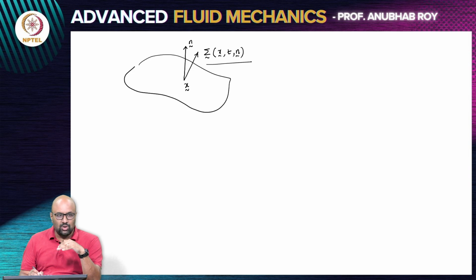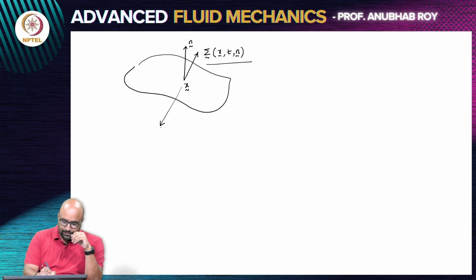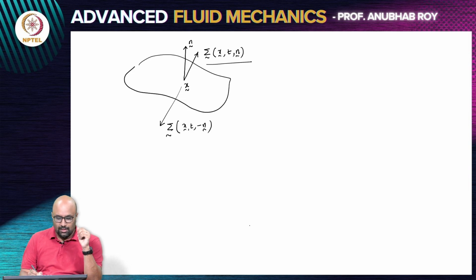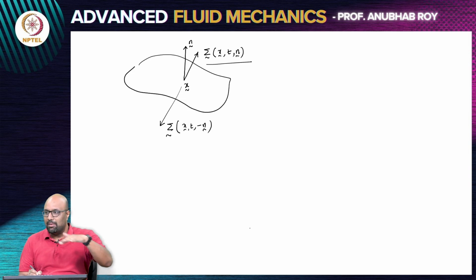Now, if there is no force that is residing on that particular surface, then you can also draw a similar force on the other side, which would be sigma of x, minus n, because the normal is exactly pointed in the opposite direction on the other side of the surface. Imagine a membrane, so there is a normal that is pointing out.